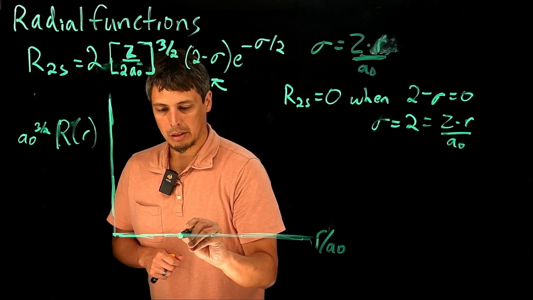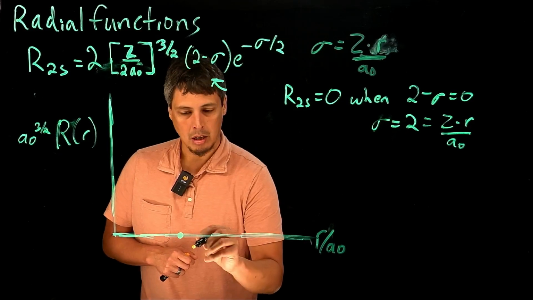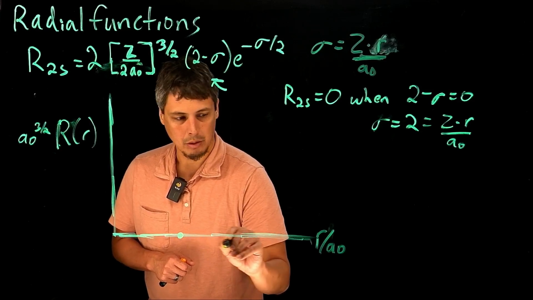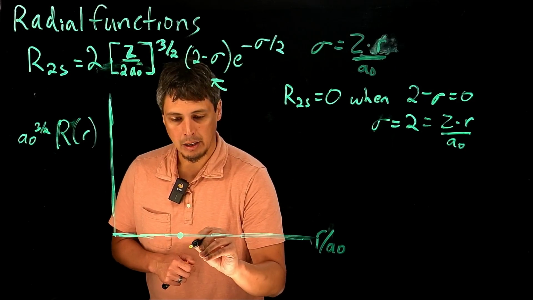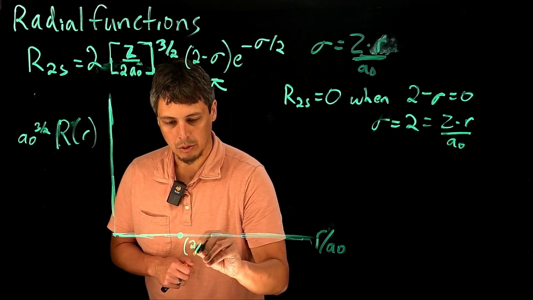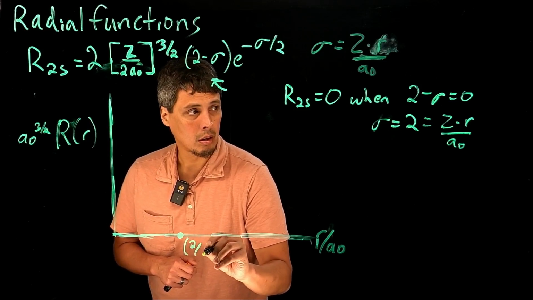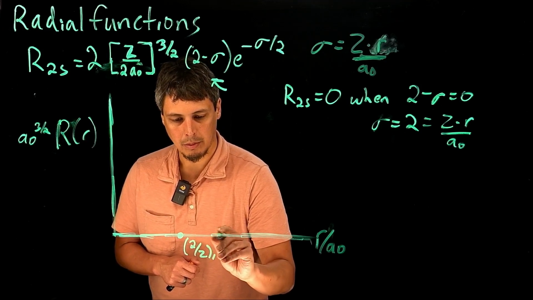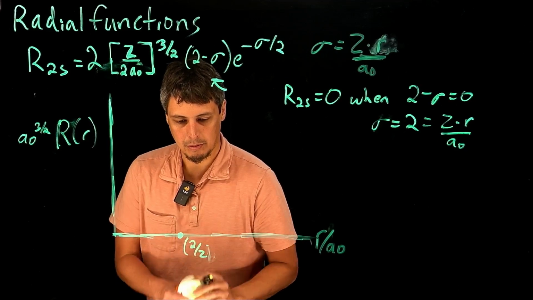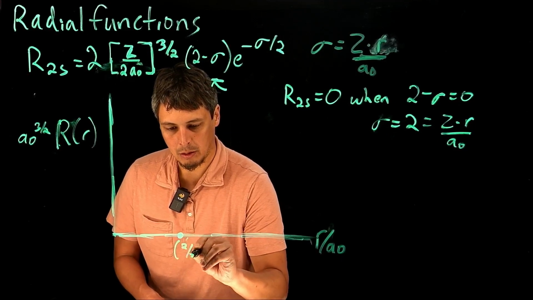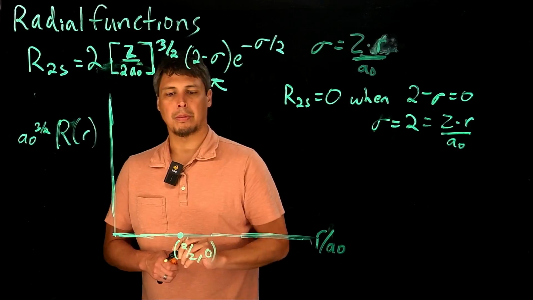And so we could actually just put this here, where we have r over a naught equals 2 over Z. So this point is (2 over Z, 0).